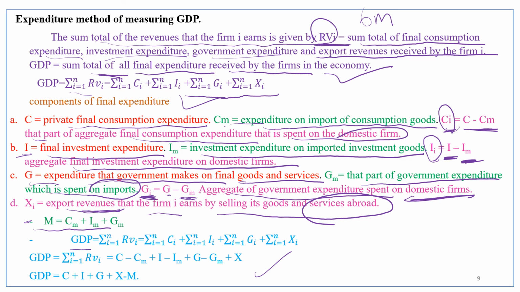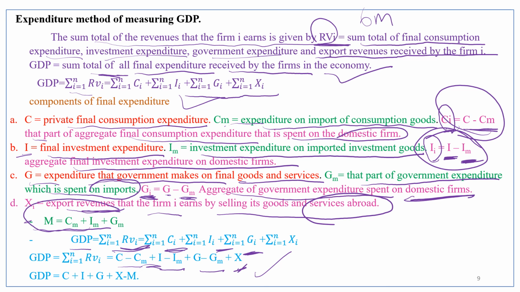Now in the place of Ci, Ii, Gi and Xi, you can substitute these equations. So what is the equation? C minus Cm, I minus Im, G minus Gm, then X. So bring all the imported expenditure outside, and it is denoted by minus M. The left out C, I and G you have to write here.